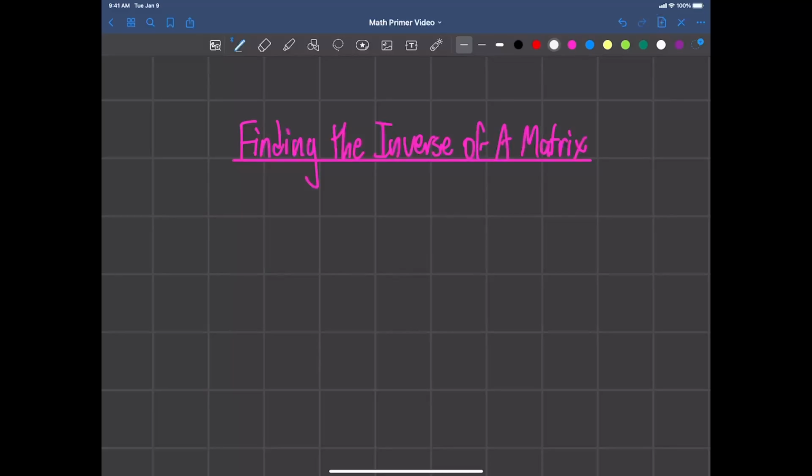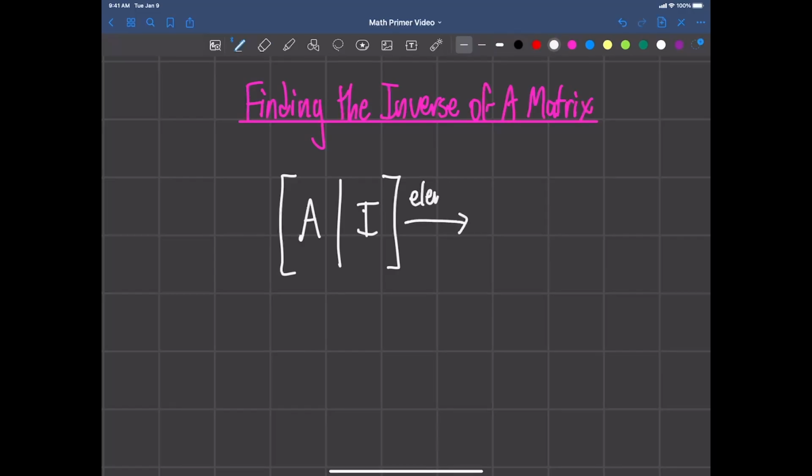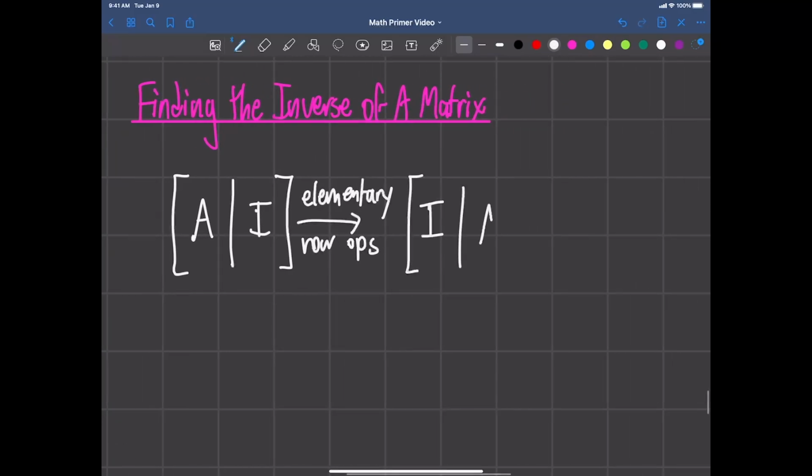Basically, we turn it into an augmented matrix where [A | I], through elementary row operations, becomes [I | A inverse].